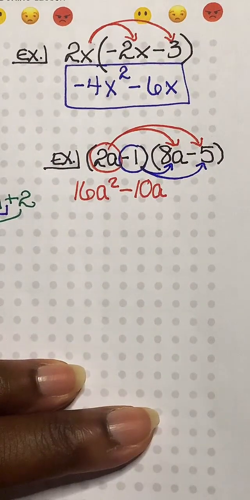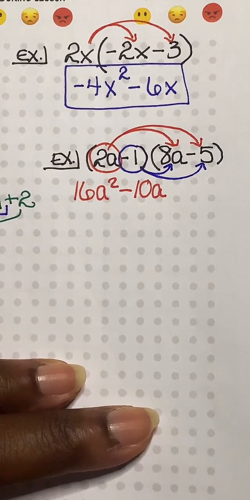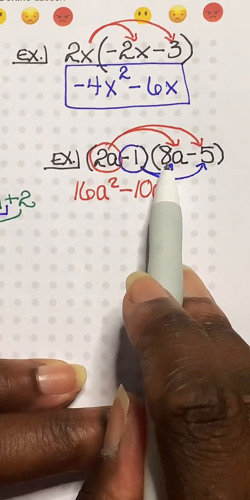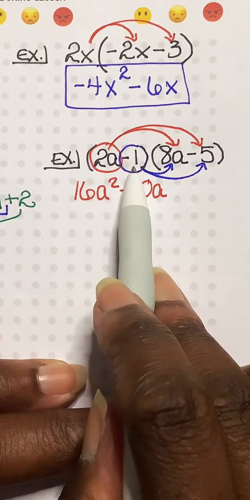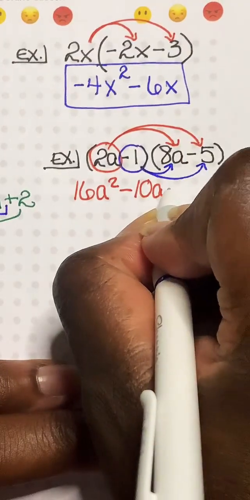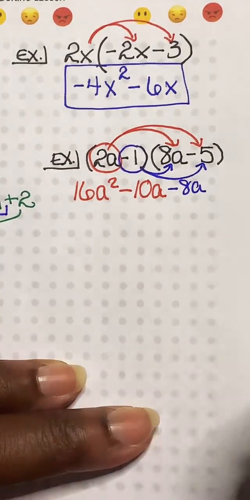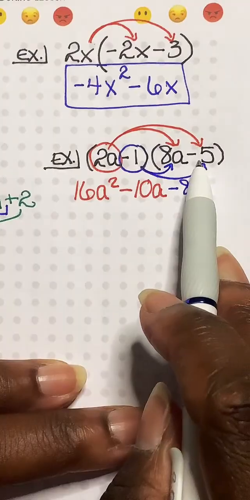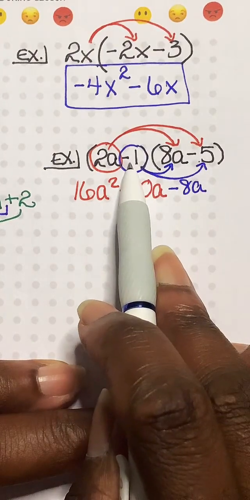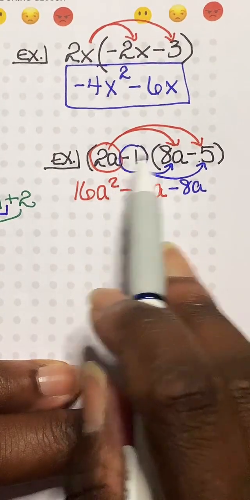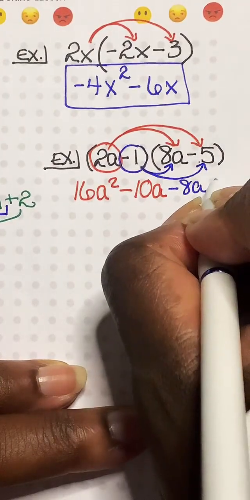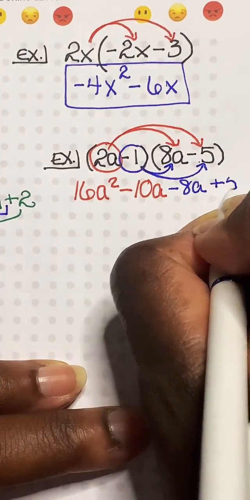When you multiply by negative 1, you're basically just changing the signs. So here we had a positive 8a. If I multiply by negative 1, it's going to be a negative 8a. And here I have a negative 5. If I multiply by negative 1, a negative times a negative gives me a positive 5.